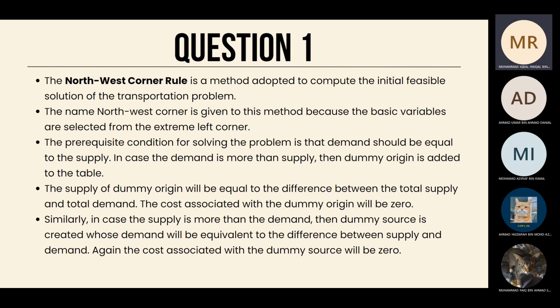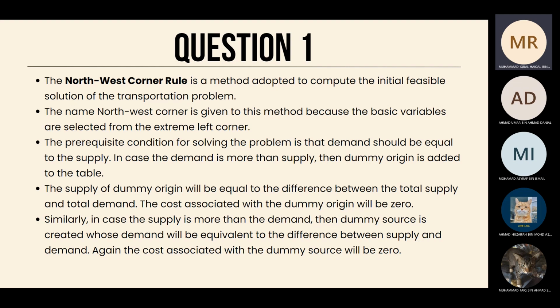The prescribed condition for solving the problem is that demand should be equal to the supply. In case the demand is more than supply, then a dummy origin is added to the table. Next, the supply of the dummy origin will be equal to the difference between the total supply and total demand. The cost associated with the dummy origin will be 0.